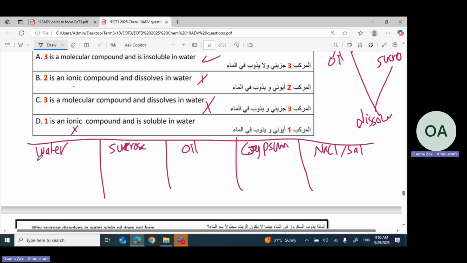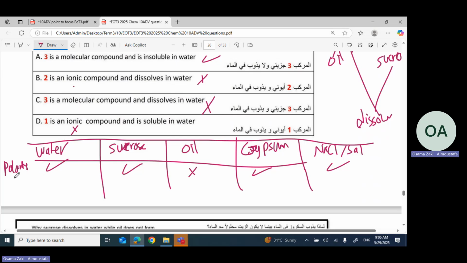Regarding polarity, let's write it here. Polarity: water polar, sucrose polar, oil non-polar, gypsum polar, NaCl polar.